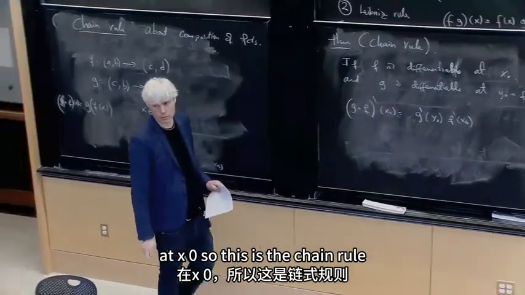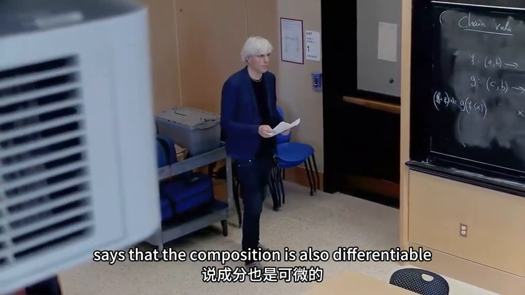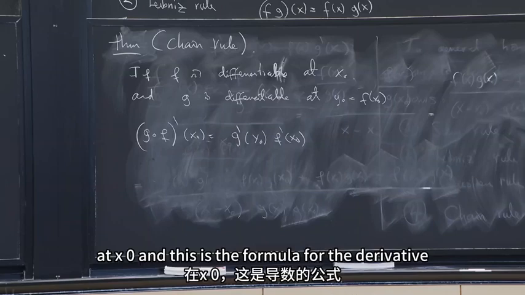So this is the chain rule. The chain rule says that the composition is also differentiable at x0, and this is the formula for the derivative.